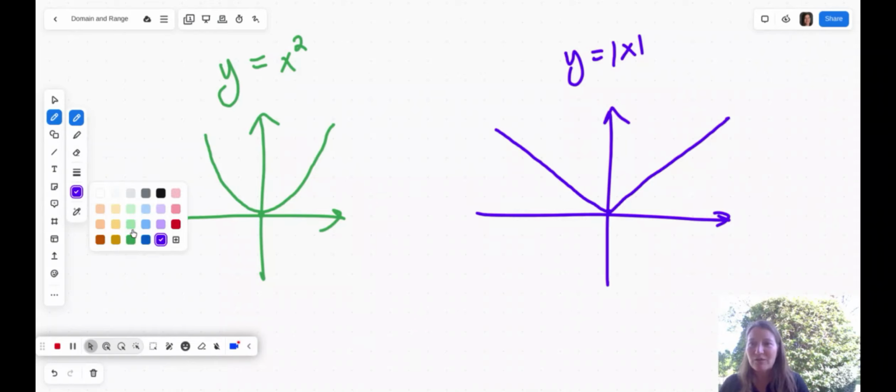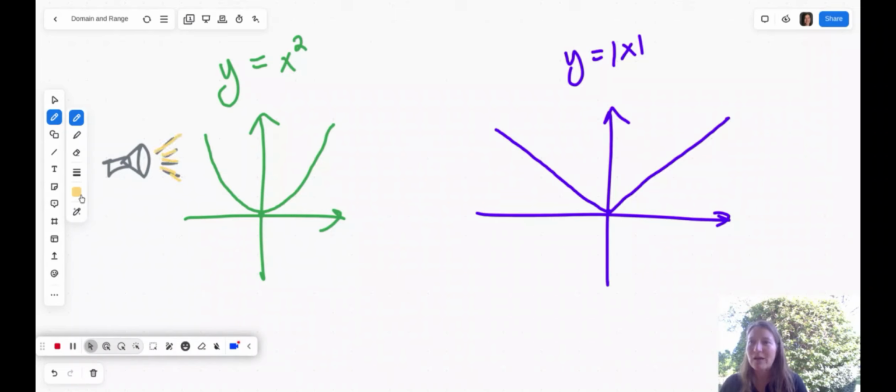Like, imagine taking my flashlight here, and regardless of which one I shine my flashlight at, I'm going to get a shadow on the y-axis for both of these. That is all positive values of y and 0. Just like square root land. So square root, square, or even power of x, and absolute value all follow very, very similar patterns when it comes to range.